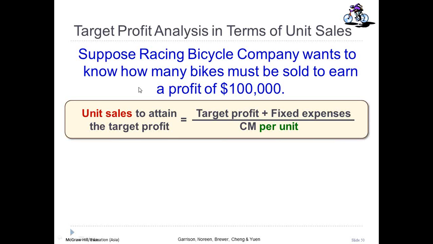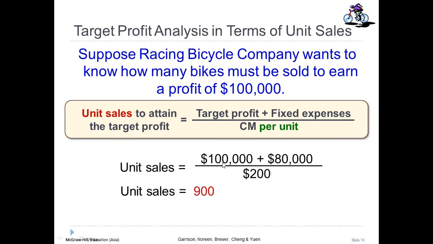Here's our $100,000 up here for our target profit plus our fixed expenses, divided by contribution margin per unit. That's going to derive the unit sales we need. Here's our profit target. Here's our fixed expenses. Here's our contribution margin. There we go. 900 units to achieve the profit target.